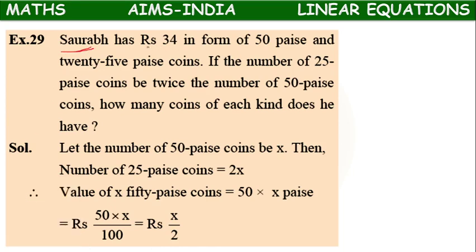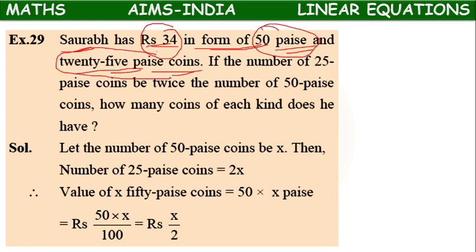Saurabh has rupees 34 in the form of 50 paise and 25 paise coins. He has a total amount of 34 rupees, but in the form of 50 paise coins and 25 paise coins. If the number of 25 paise coins is twice the number of 50 paise coins, how many coins of each kind does he have?